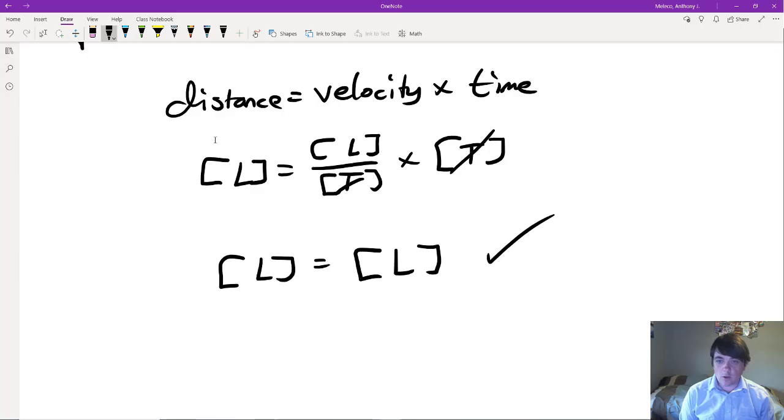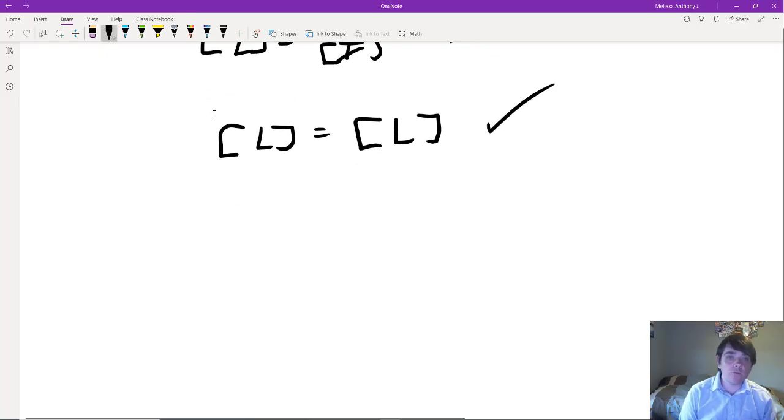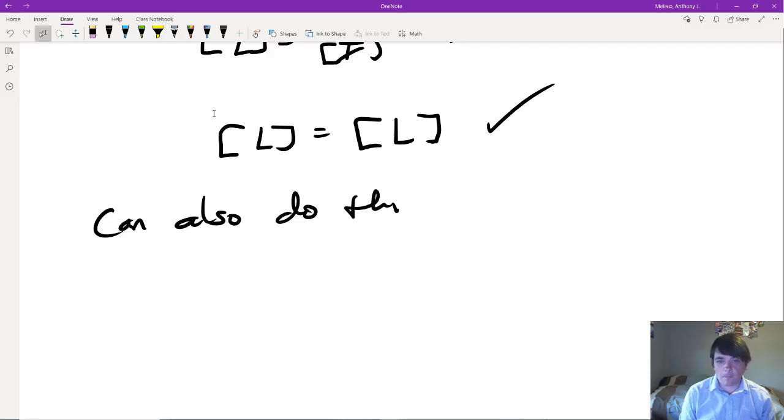Okay? Whatever your dimensions are on the left side, they have to be equal to the dimensions on the other side. You can also do this with units.